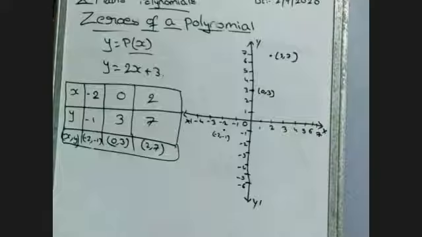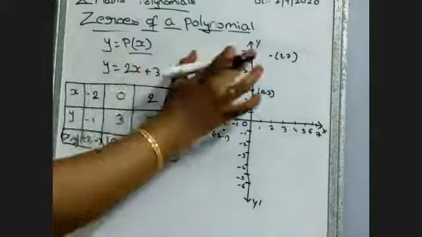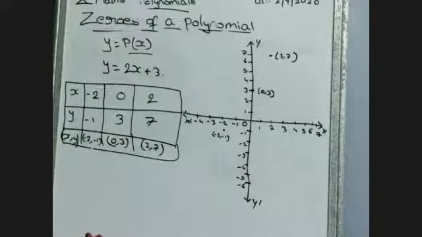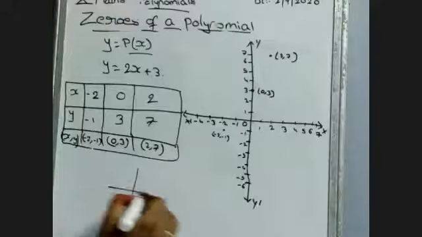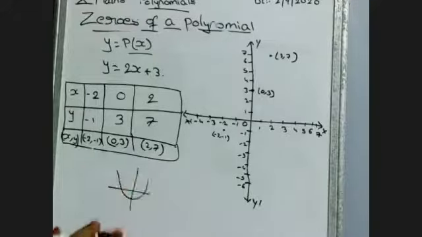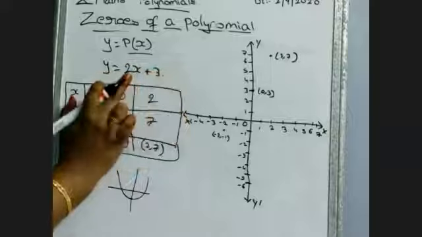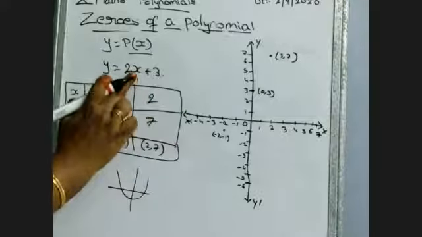While drawing, you have to take this scale. Must see, only for a linear equation we are taking this scale, not some other. If you take quadratic equations, or cubic polynomials, or more than cubic polynomials, you will not use this scale, because it is a parabola. Parabola means it will come like that, and by free hand it has to be drawn. This is a linear equation only, power 1 of x.